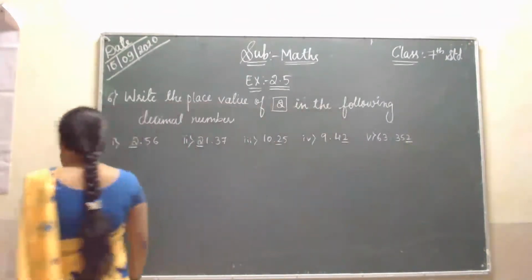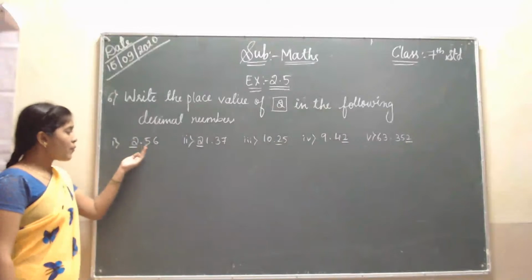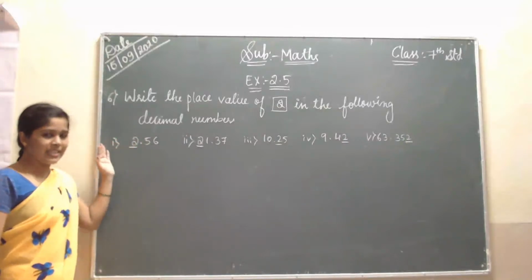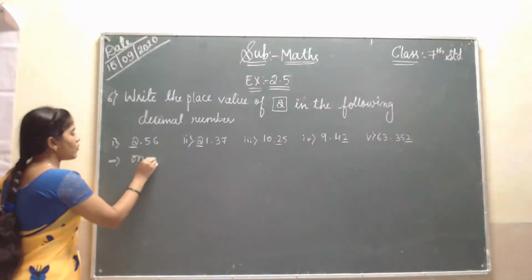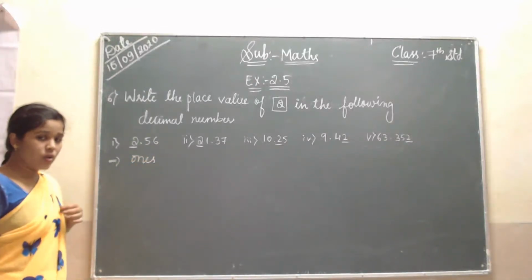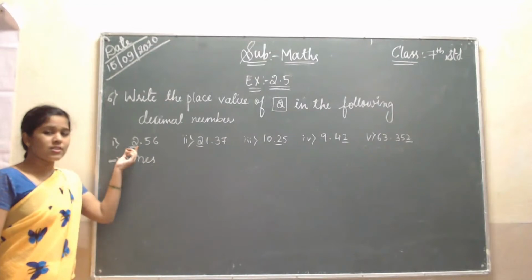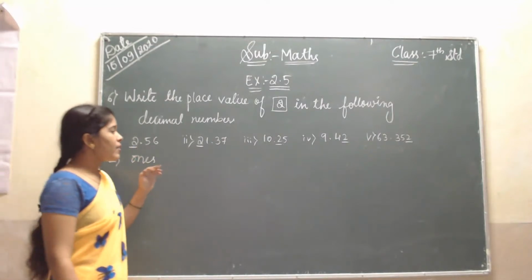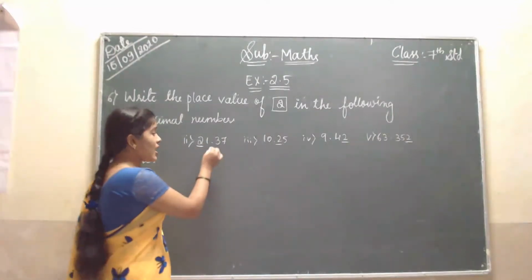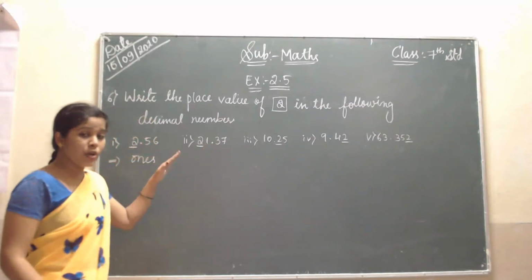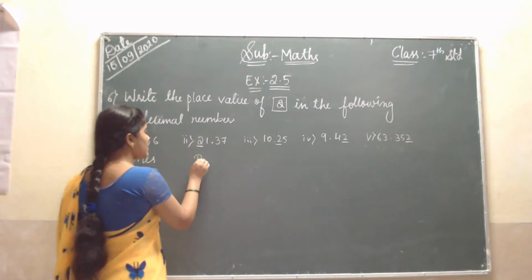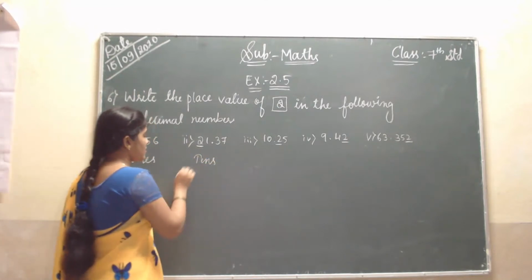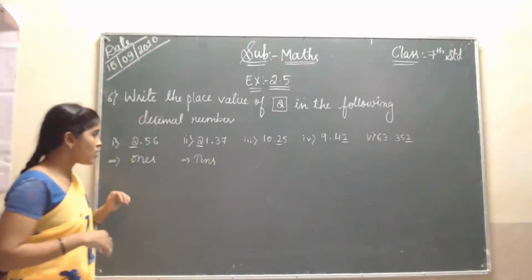So what is the place value of 2 in the first? Before the decimal: ones, tens, hundreds. So here the place value of 2 is ones. Next, don't look after the decimal because the 2 is before the decimal. So ones, tens. The place value of 2 is tens.